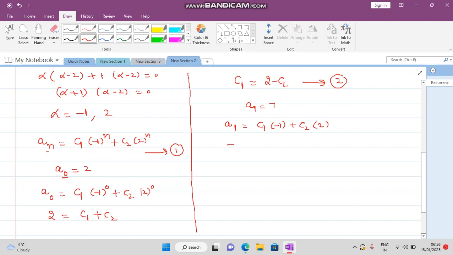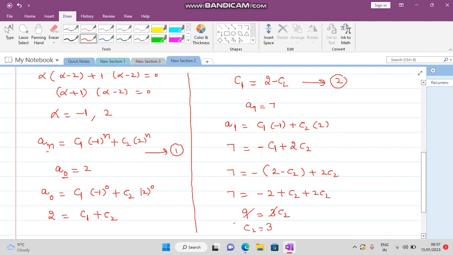What is the a_1 value? 7 = -C1 + 2C2, so 7 = -(2 - C2) + 2C2, 7 = -2 + C2 + 2C2, so it is 9 equal to 3C2. So the value of C2 is 3.